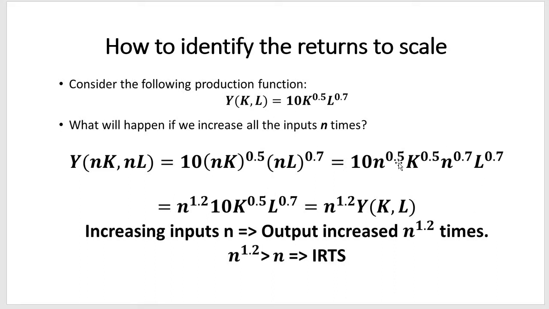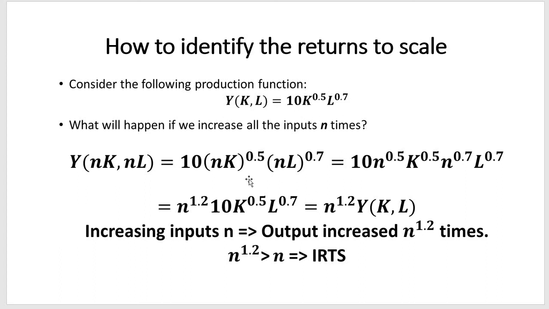Then you just open the brackets. Here you've got n to the power 0.5 times n to the power 0.7, and since we have a common base, your result is n to the power 1.2, and this part remains unchanged. So please note that this part of the equation, 10 times K to the power 0.5 times L to the power 0.7, is exactly the original production function.